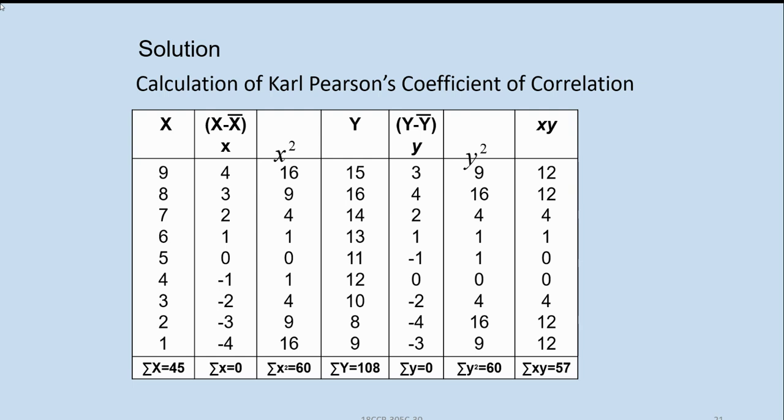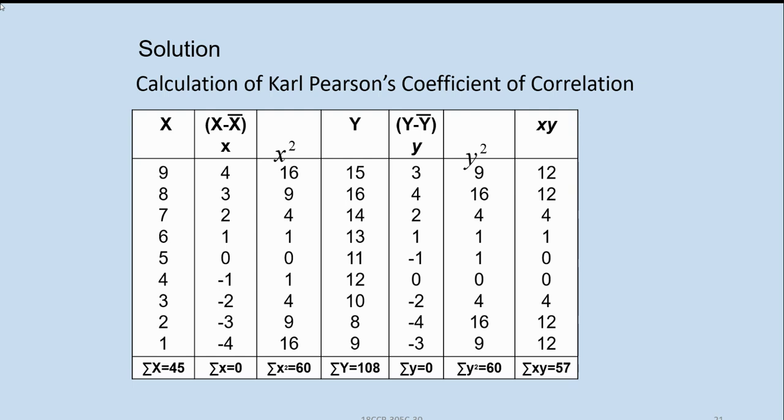So sigma x square is 60 and sigma y square is 60. Now we got sigma x equal to 45 and sigma y equal to 108. That means 45 by 9 is the mean, which is 5, and 108 by 9 is 9.